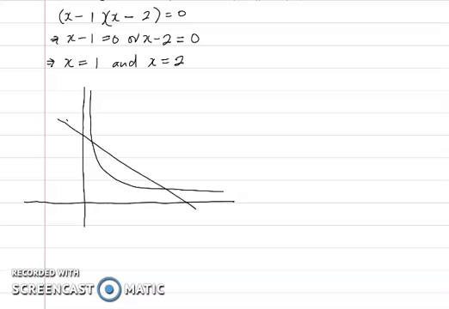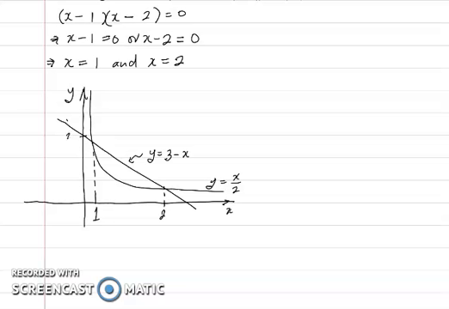And the two graphs intersect at x is equal to 1 and x is equal to 2. So this is my y-axis, this is the x-axis, this is y is equal to 2 over x, and this is y is equal to 3 minus x.